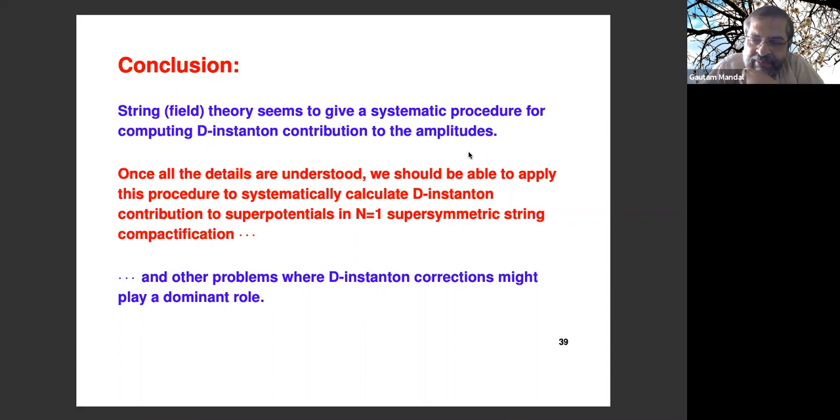But I thought that was a rather tame interpretation of leg poles, because there are these papers by Natsuume and Polchinski and so on, where the leg poles were meant to be physically something interesting.